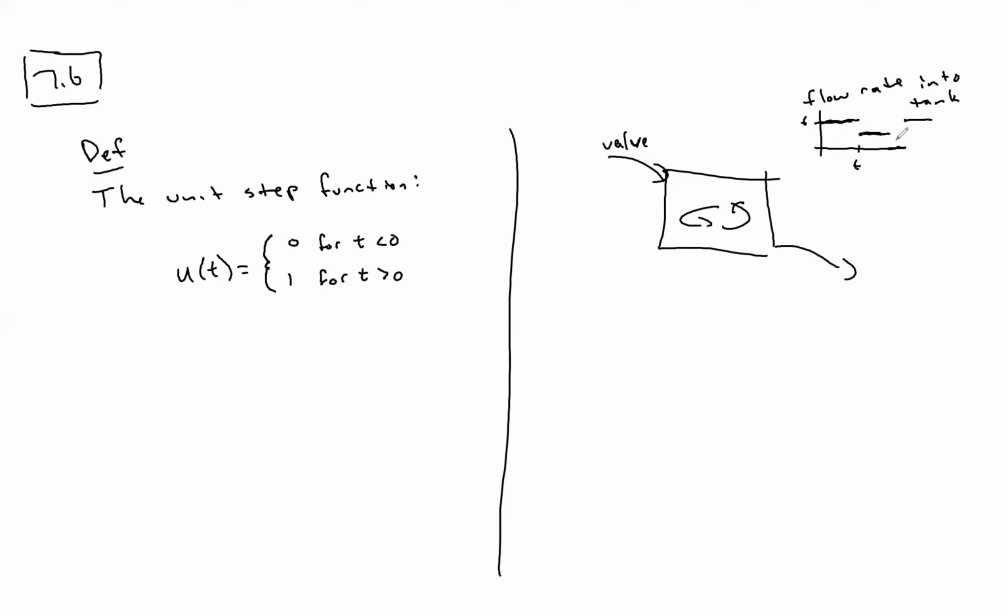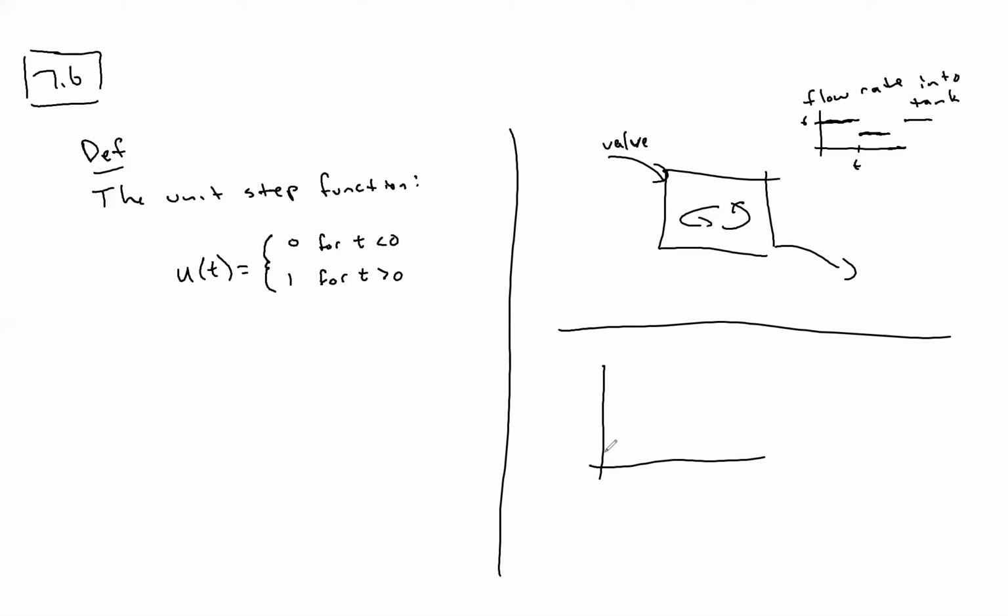All right, so this is an example where these piecewise defined functions could show up. Another example would be electrical engineering or electronics, where a simple concept is what happens when you flip a switch.